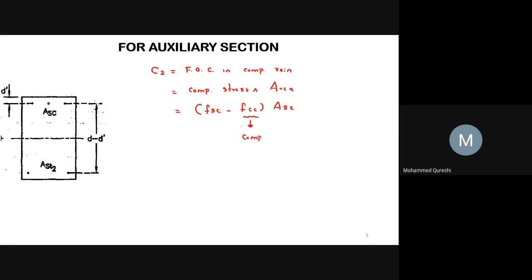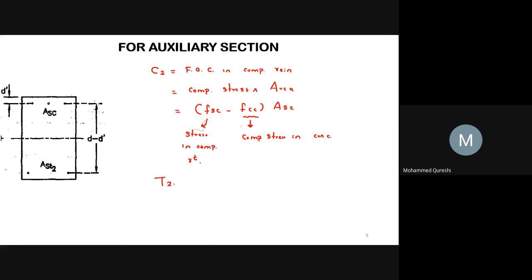This is our compressive stress in concrete, and fsc is the stress in compression reinforcement. So we will get C2 equals (fsc minus fcc) into Asc.